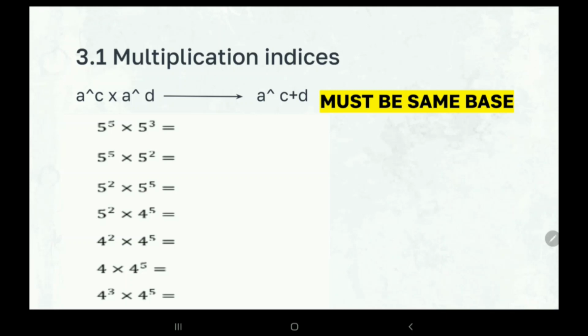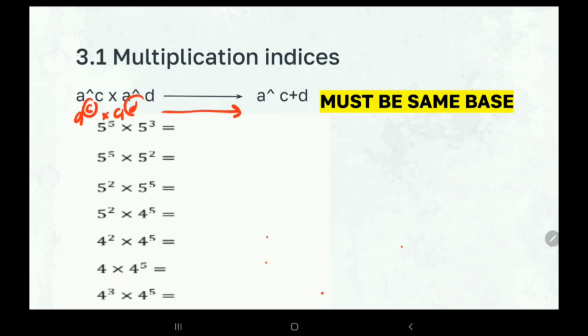The general rule is, if you have a to the power of c, times a to the power of d, so if you have a to the power of something multiplied by a to the power of another thing, you can just add the powers.